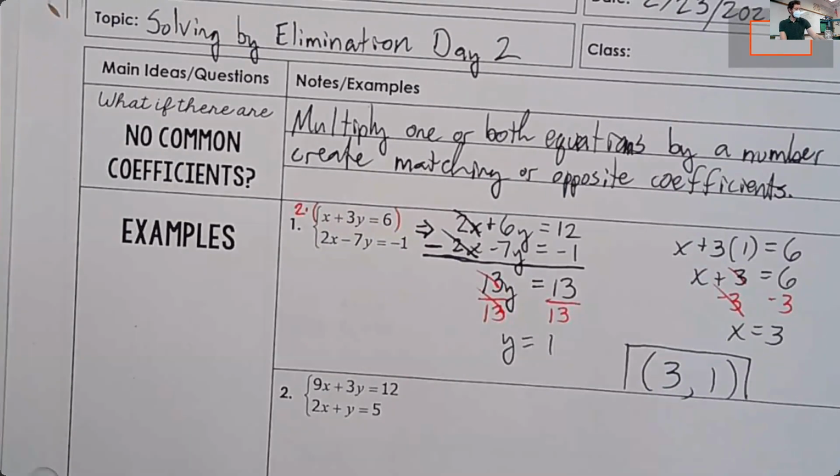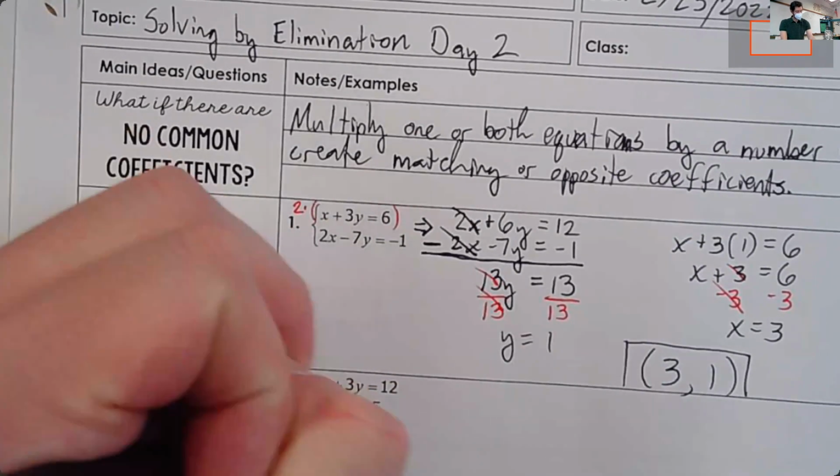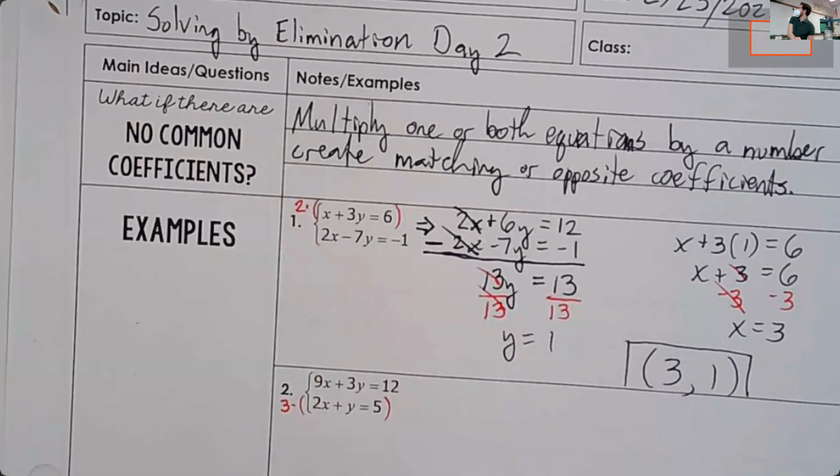I would agree with 3, because we want to get the same number in front of the y's. And so if this y equals 1 and that y equals 3, we have to multiply the second equation by 3 to get those numbers the same. So that second equation, everything on that one will multiply by 3. The first equation is not going to change.